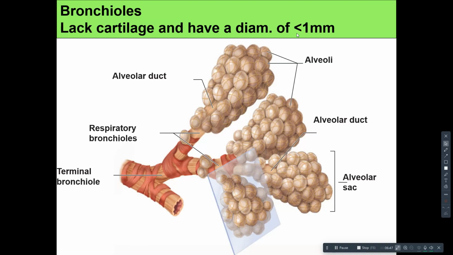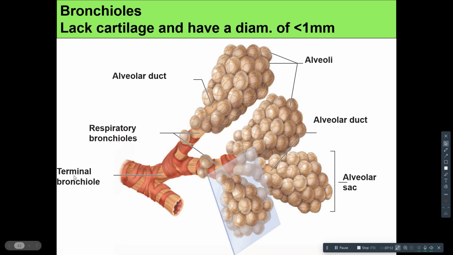There are multiple bronchioles, but we specifically have to know the names of 2 bronchioles, respiratory and terminal bronchioles. Respiratory bronchioles contain alveoli, the little air sacs where gas exchange happens. A terminal bronchiole is the last bronchiole before we get a respiratory bronchiole.